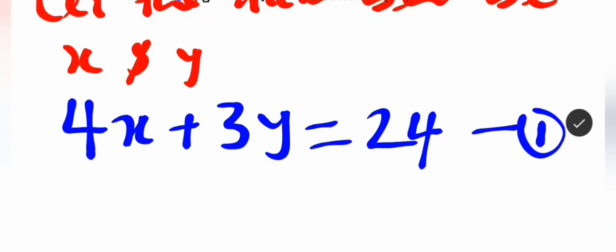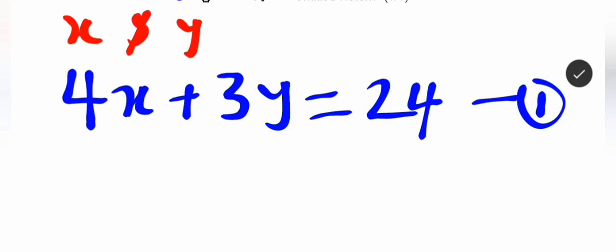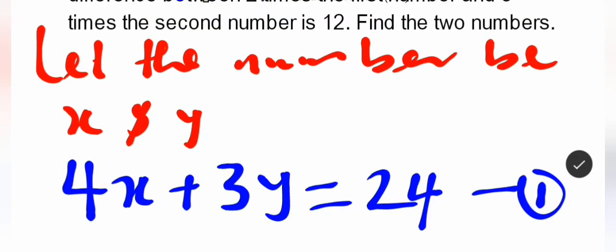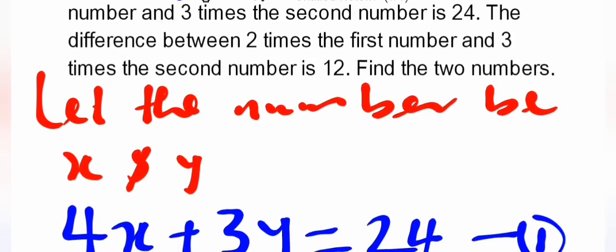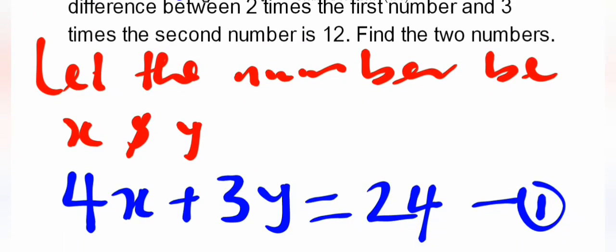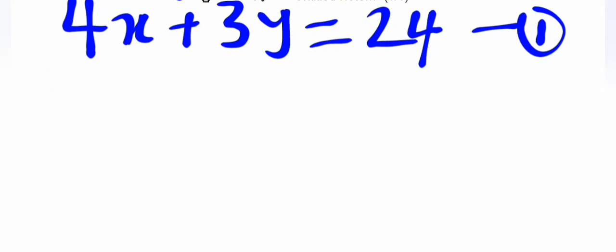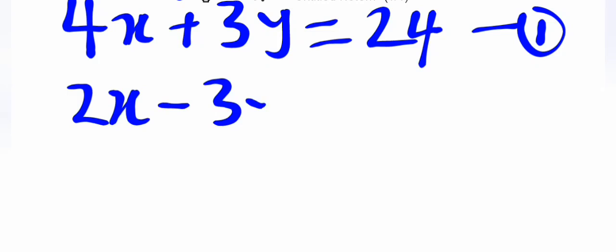And we look at the next question there. It says the difference between 2 times the first number and 3 times the second number is 12. So 2 times the first number is 2x minus 3 times the second number, that's 3y, equals 12.